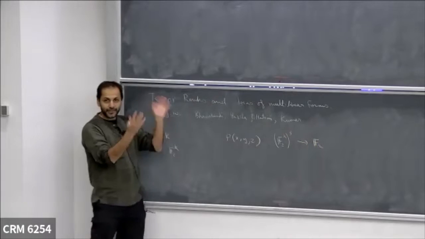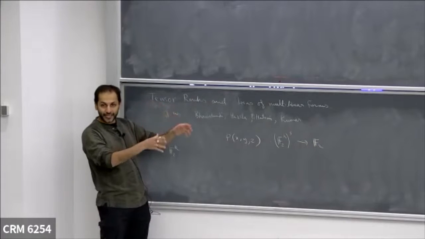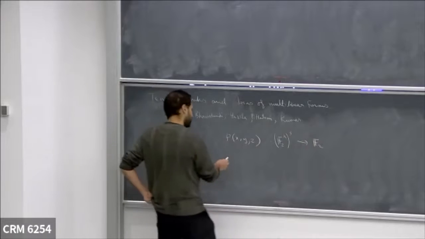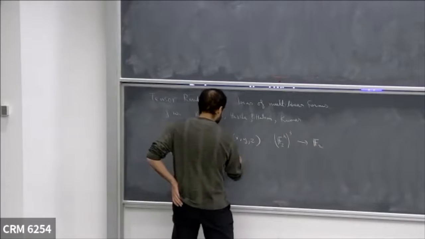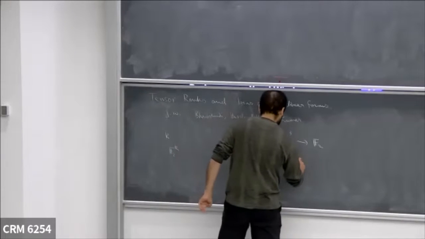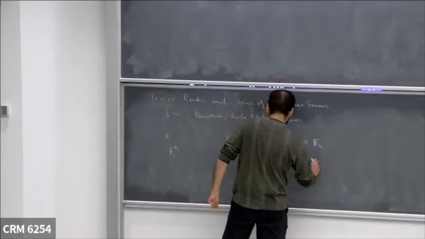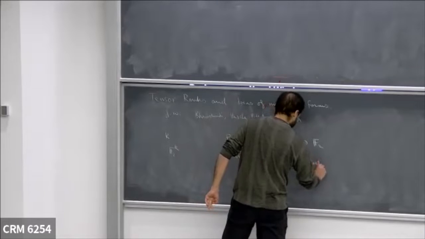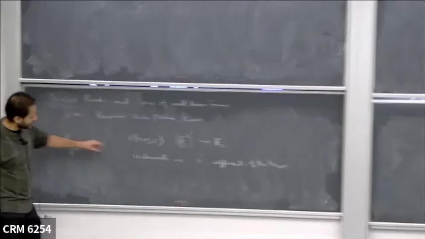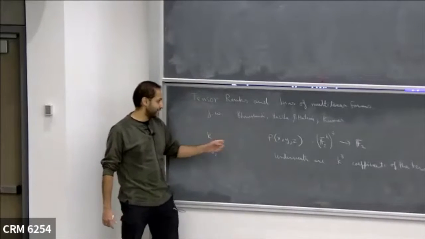So it's presented by a 3-dimensional k by k by k matrix of entries from F2. So underneath are k cubed coefficients of the tensor.